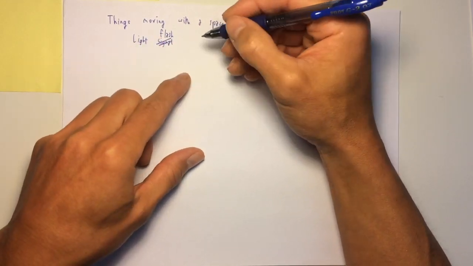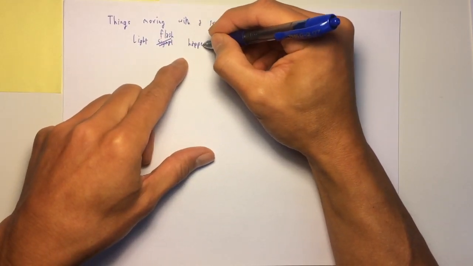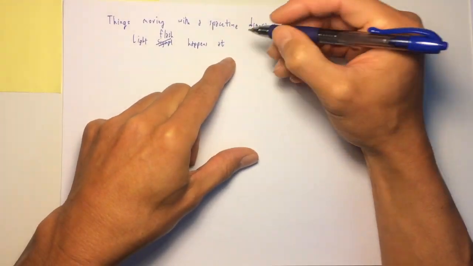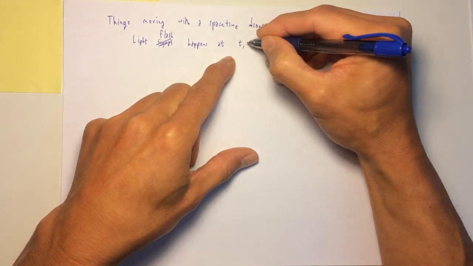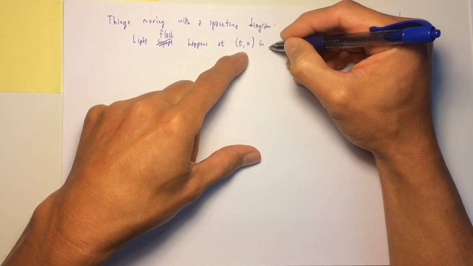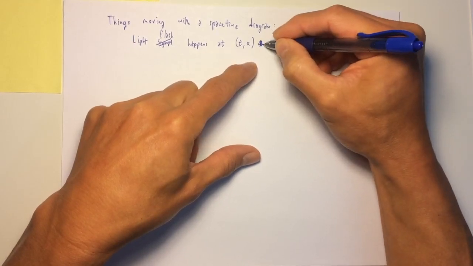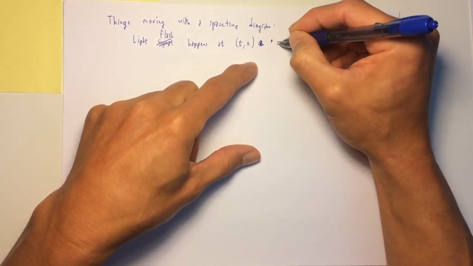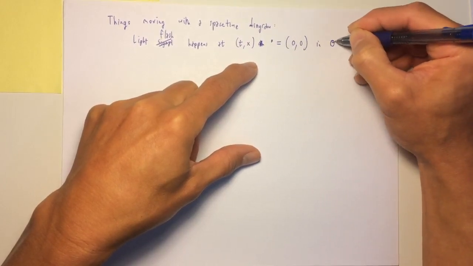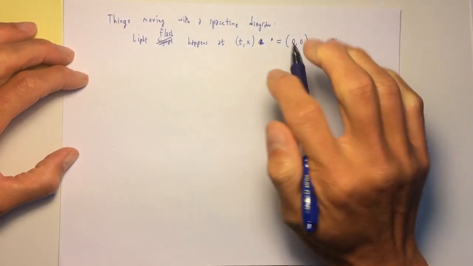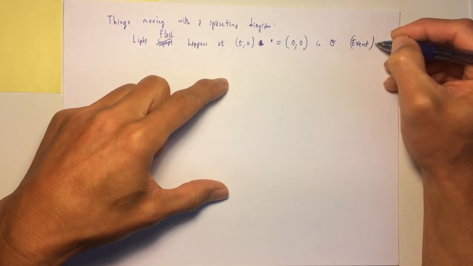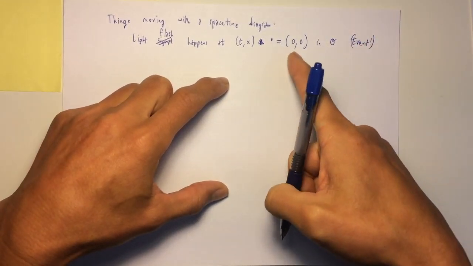A light flash happens at, say, t comma x equal to 0 comma 0 in O, right? So this is an event. This event happens at 0, 0.